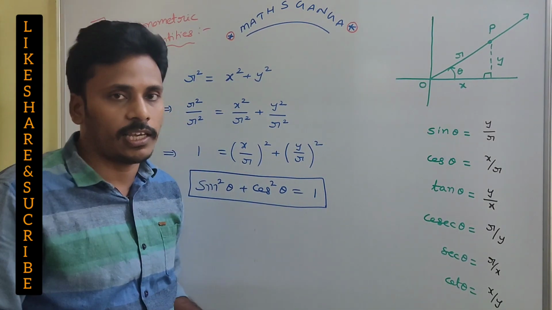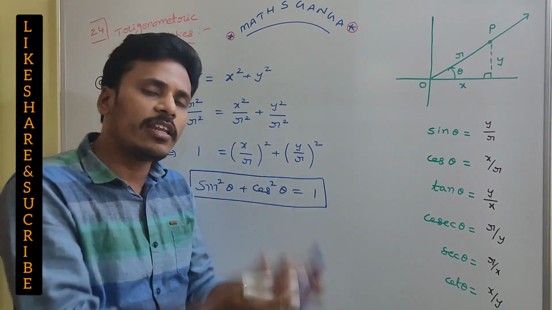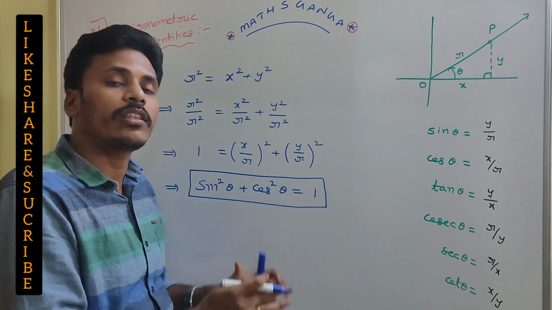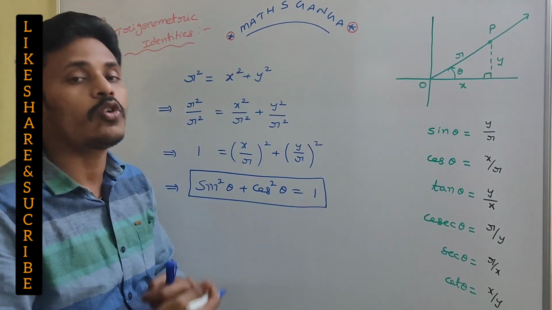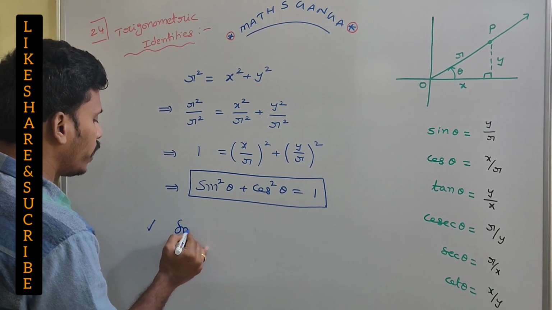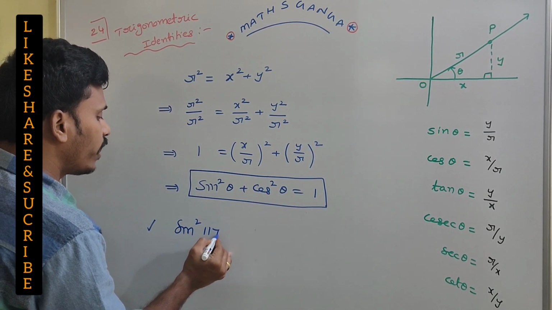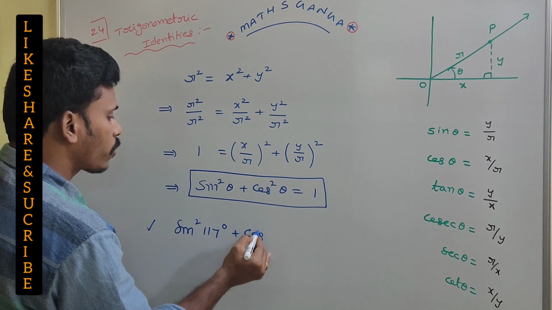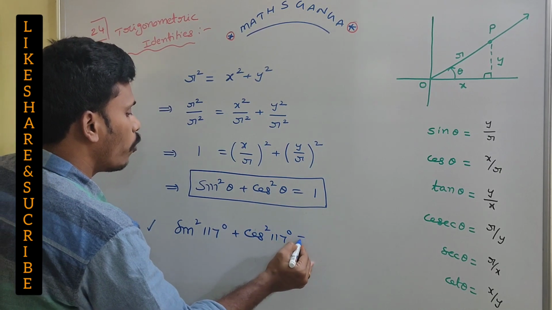Theta may be any angle. In all those cases, sin square theta plus cos square theta is equal to 1. For example, if you take sin square 17 degrees plus cos square 17 degrees, how much is it?